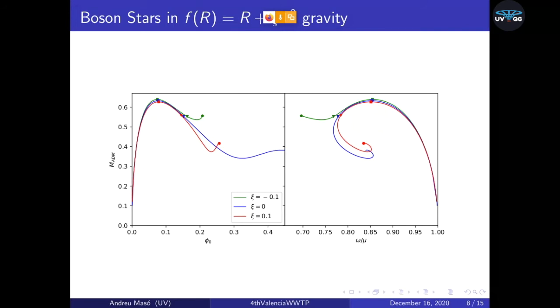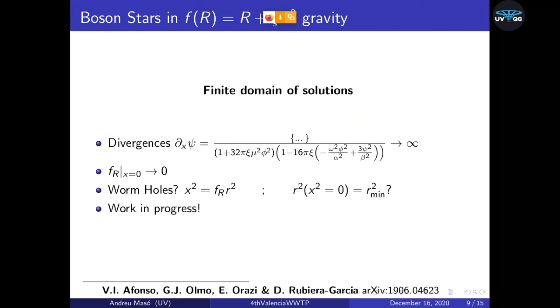Why can't we find solutions beyond this point? Basically, the denominators of the differential equations go to zero, so these equations diverge, and computers in general don't like to work with infinity.